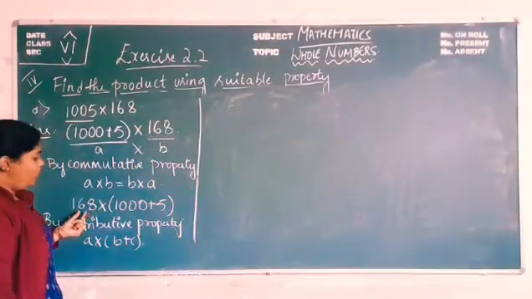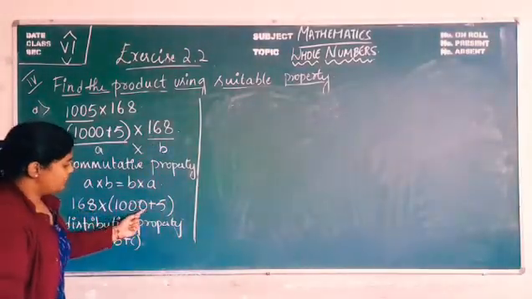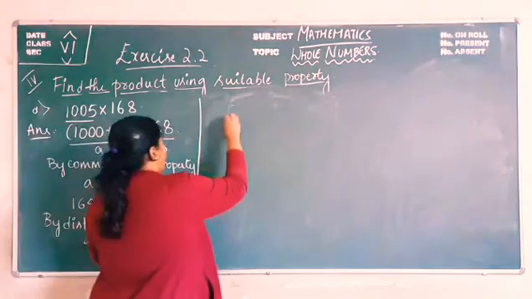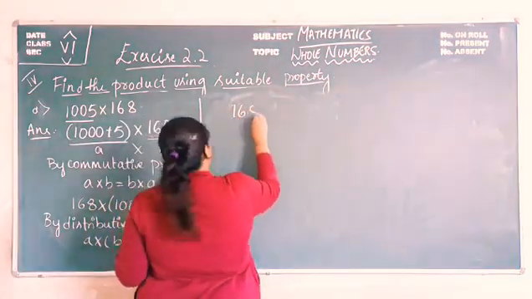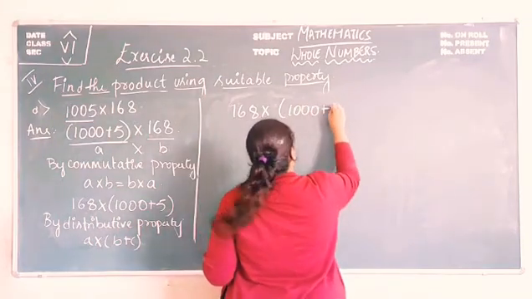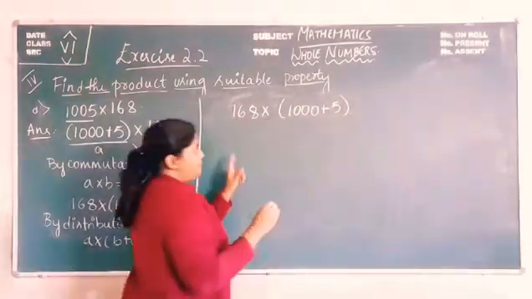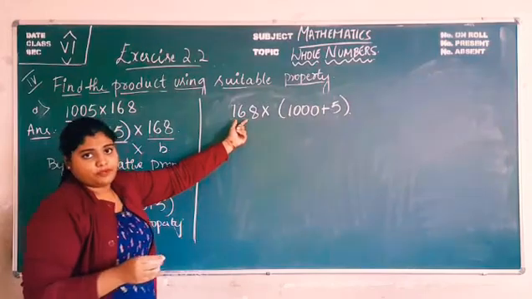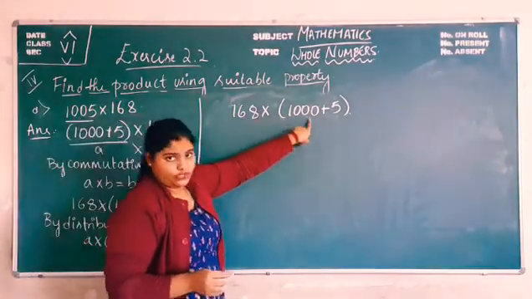So now we have 168 into 1000 plus 5. If I apply the distributive property, first I have to multiply 168 into 1000.